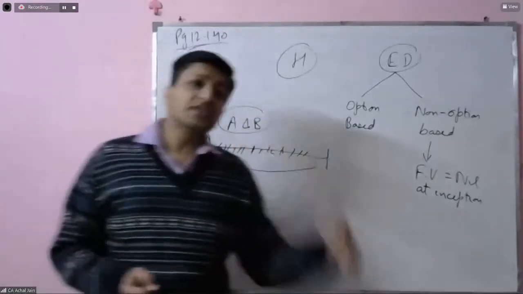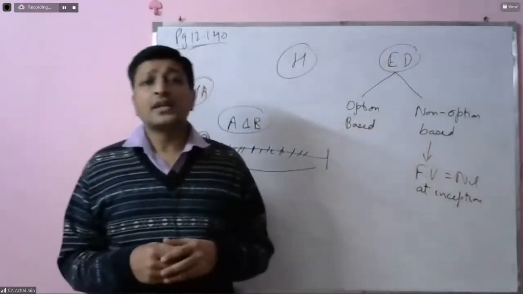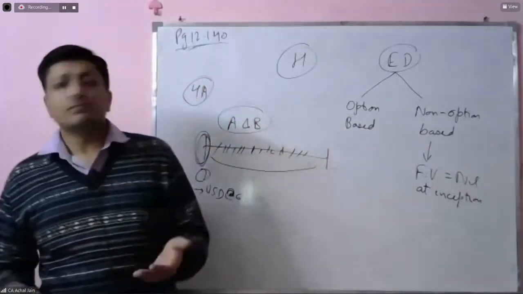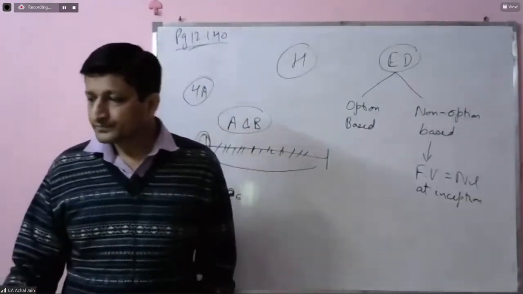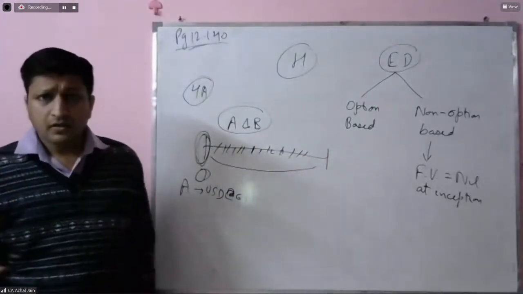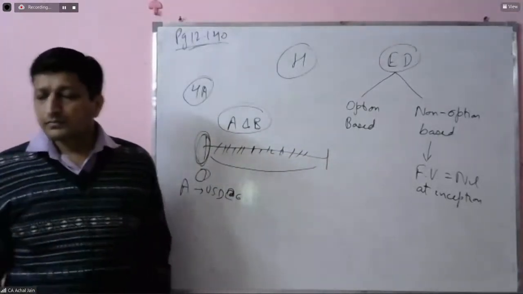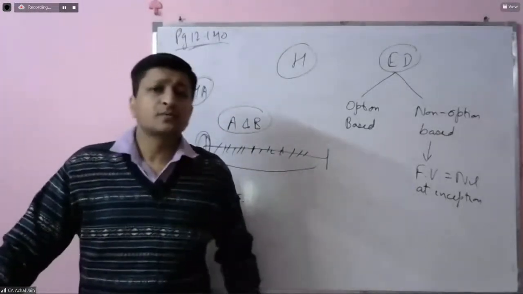So at the time of initial recognition, its value was nil, but that will not be the case at every reporting date. So that is something which will have to be analyzed. All right. And I'm hoping with this discussion you must be getting more clarity now, because your question I think was prior to this discussion.